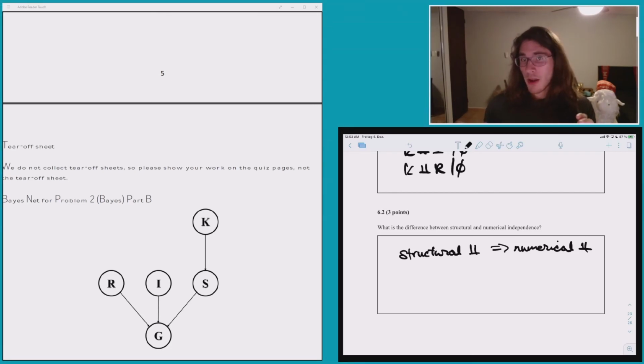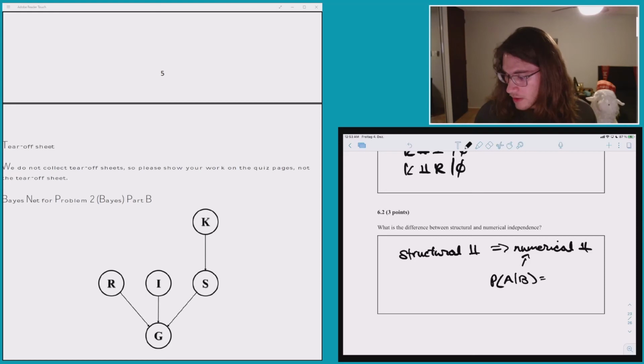Yet there are cases where even though that happens, when you work out the numbers for numerical independence, which is defined as, for two variables A and B, the probability of A given B is equal to the probability of A. So that's the definition of numerical independence.